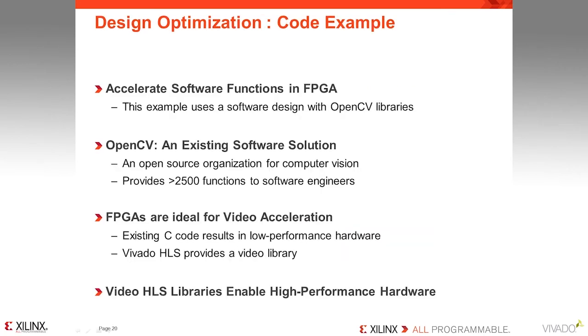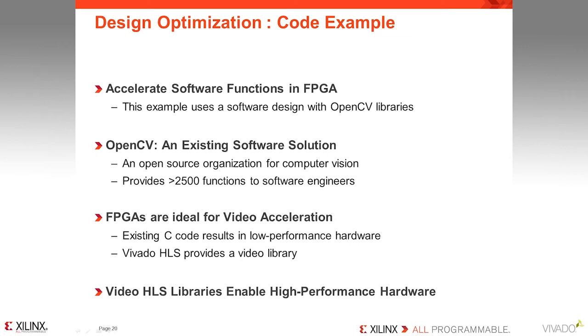The other type of optimization we can perform is by modifying the code. Okay? Now in this example, we're going to take a function that is initially designed to only operate in software, and we're going to take out one part of it and synthesize that into hardware and create an accelerator in the FPGA. Okay? This is very common with video algorithms.